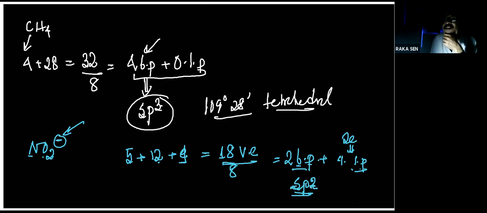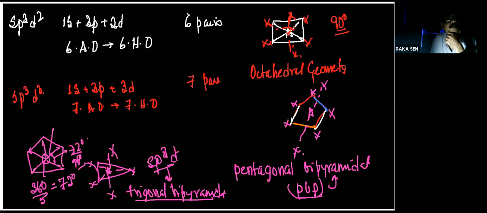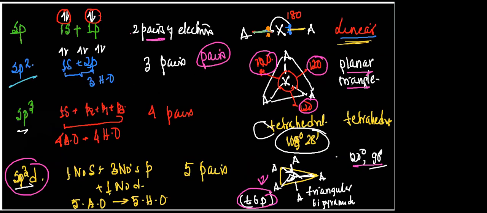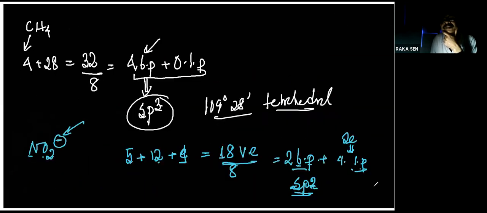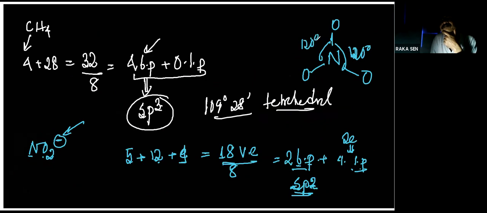And what should be the geometry? sp2, planar triangle. The structure is going to look like this: nitrogen, the central atom, oxygen, oxygen. Each angle is 120 degree. काम खत्म.